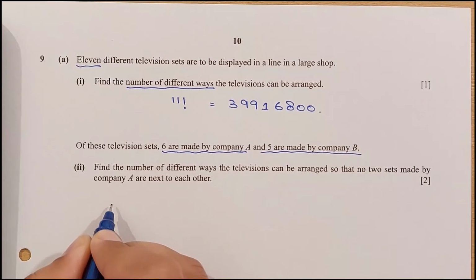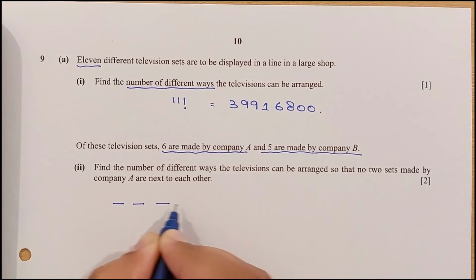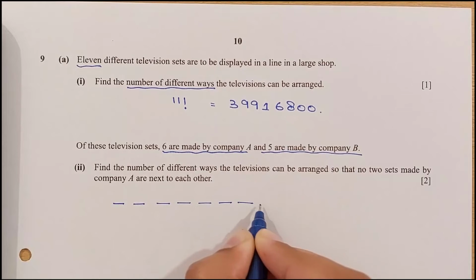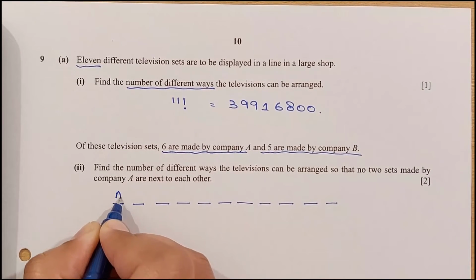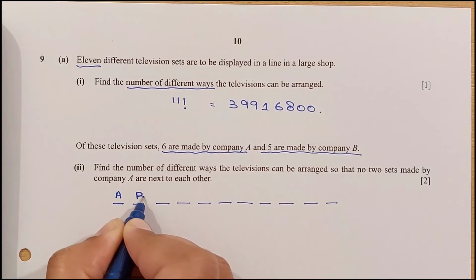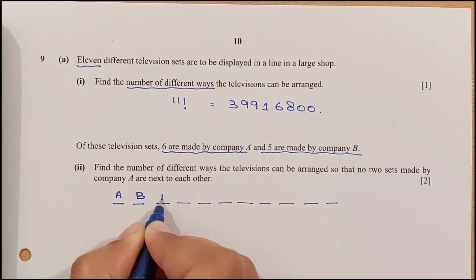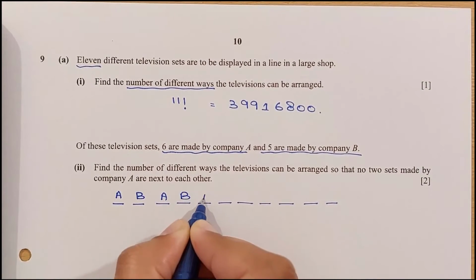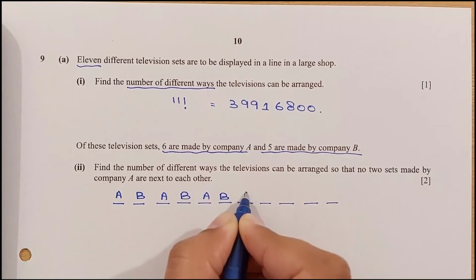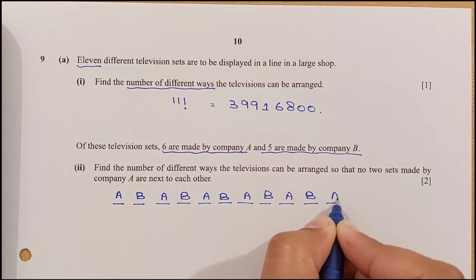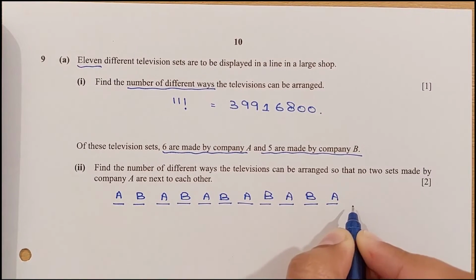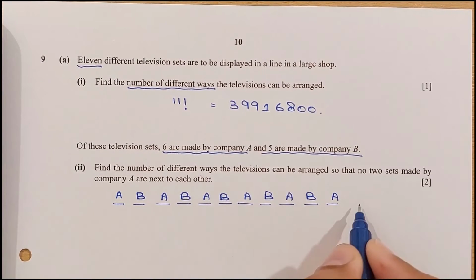Right. So total are 11. So 1, 2, 3, 4, 5, 6, 7, 8, 9, 10, 11. So first we select company A and then B, because not A and A. Then A, B, A, B, A, B, A, B, and A. You can see in this arrangement, no two sets made by company A are next to each other.